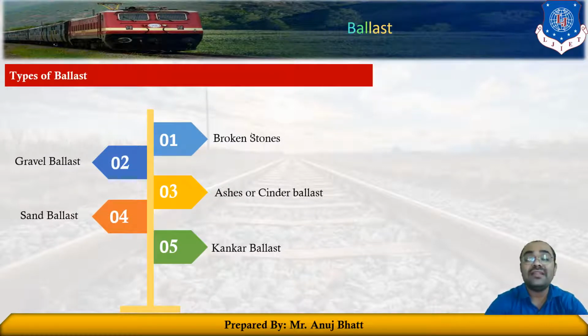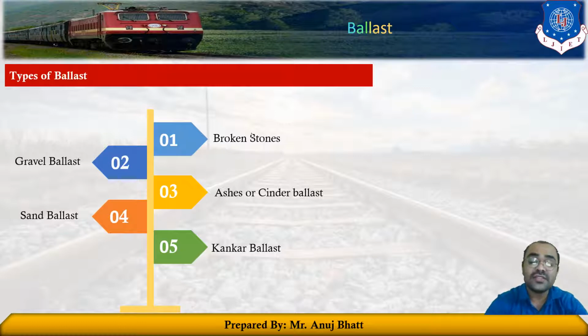Also, where light traffic is moving at particular locations, conker ballast can be used. It is soft and hence may be converted into powder form under heavy load, and it may also have a corrosive action on the rails. So again, providing it with steel sleepers may be harmful.